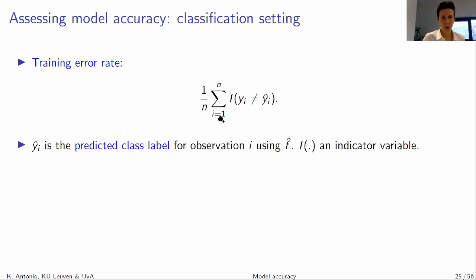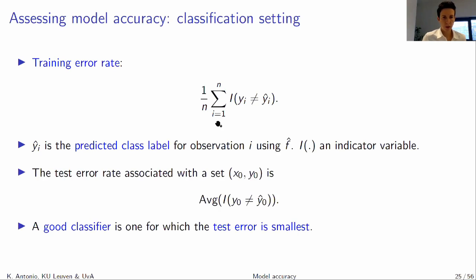Okay. So we explained all of this. So this is the training error rate. If I generalize that to test error rates, then I'm going to look at new observations and I'm going to calculate what is the average number of errors that I'm going to make over there. So a good classifier is one for which the test error is small.